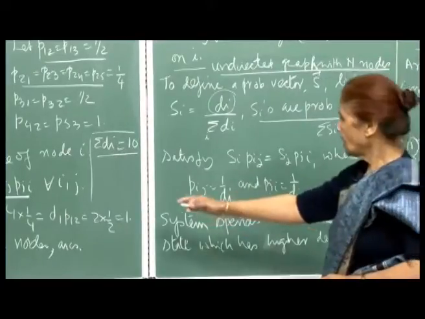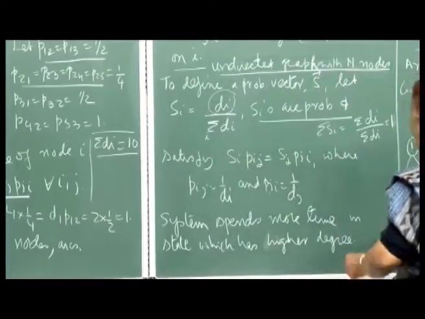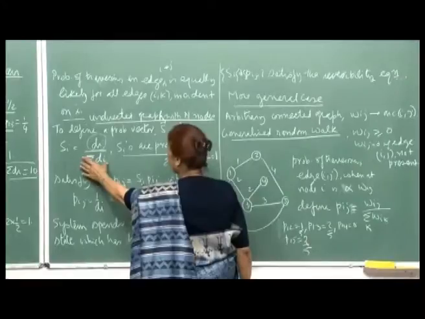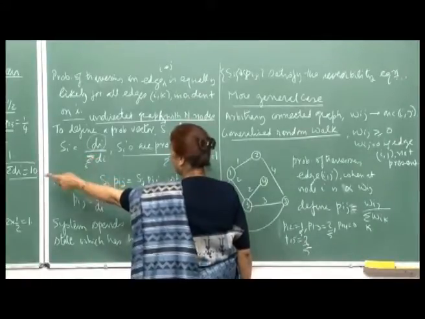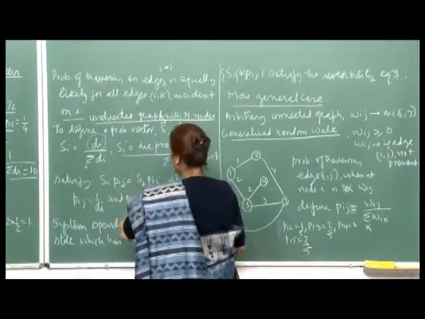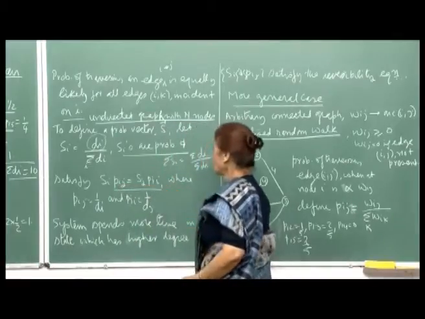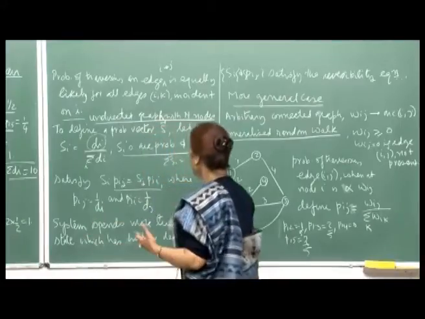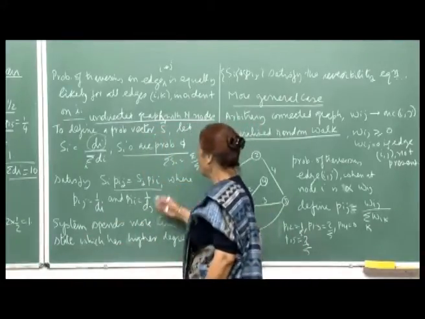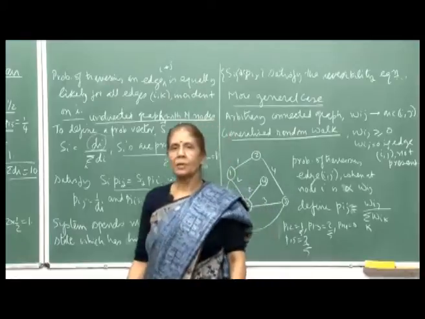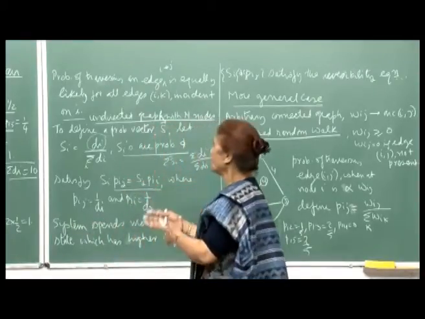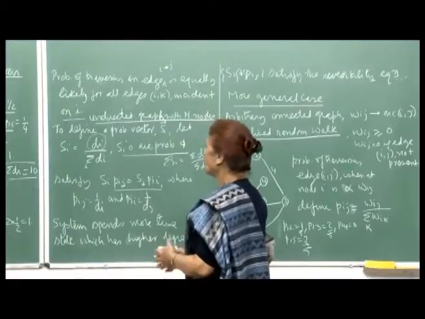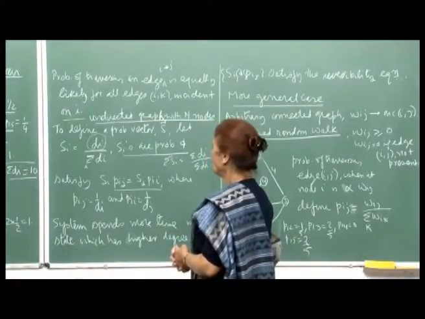So, as we saw in this example, now you can easily verify that because you have simply divided each S i by this thing, the equations will remain the same, and so these will be satisfied. So, this probability state vector and these transition probabilities satisfy your time reversibility equations, and so we will say that wandering around, or this random walk on an undirected graph, can be looked upon as a time reversible Markov chain, right.